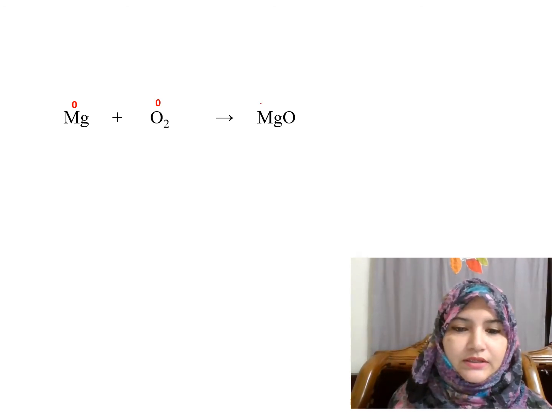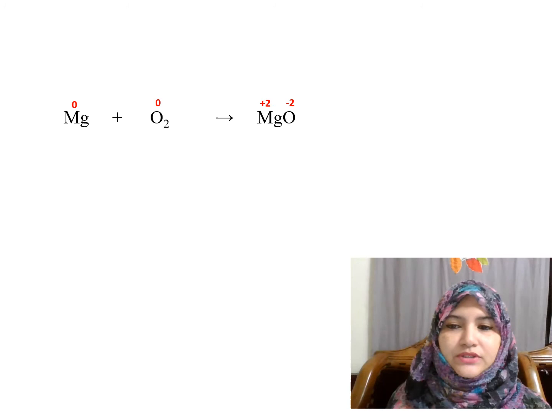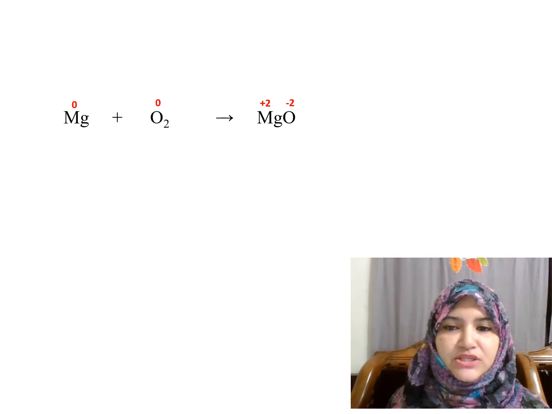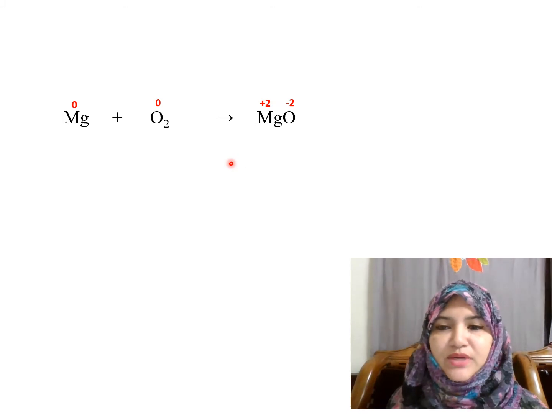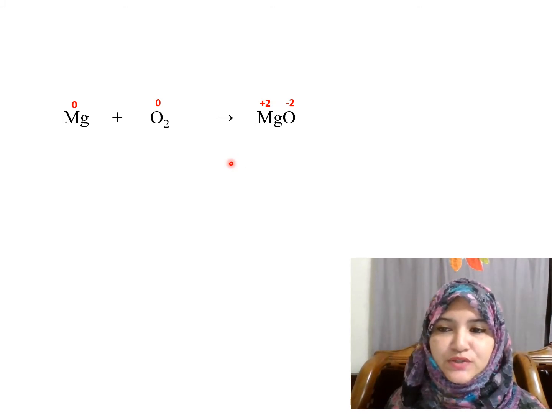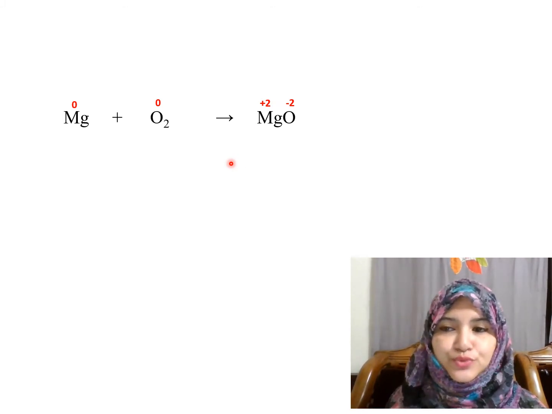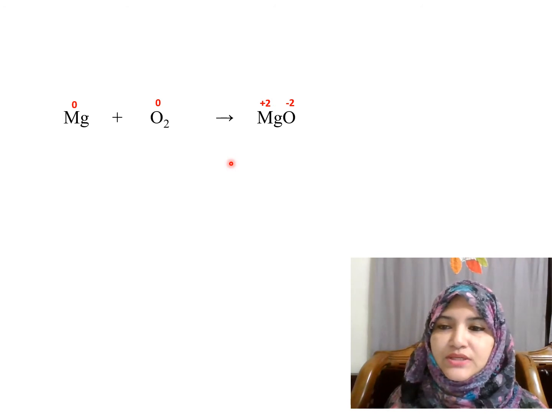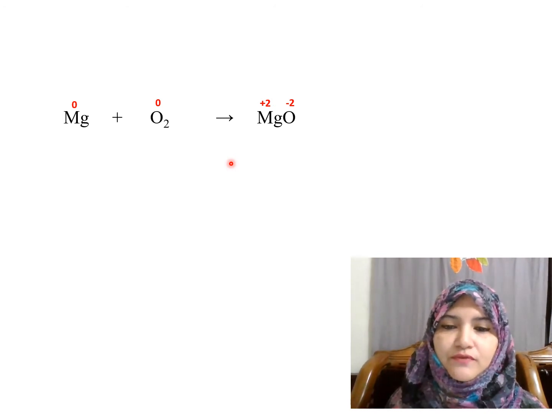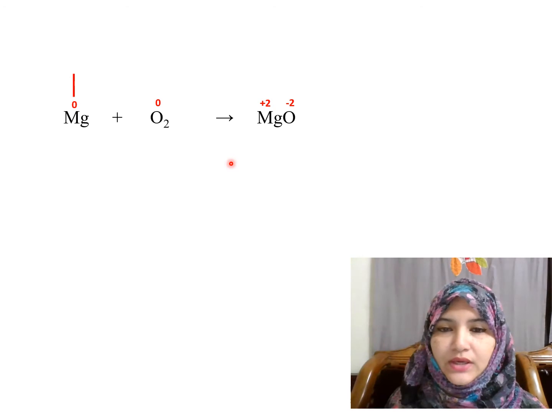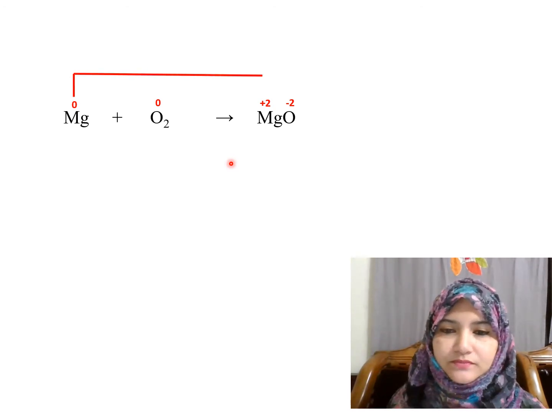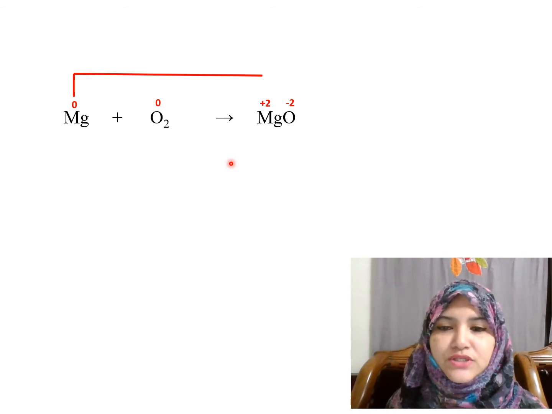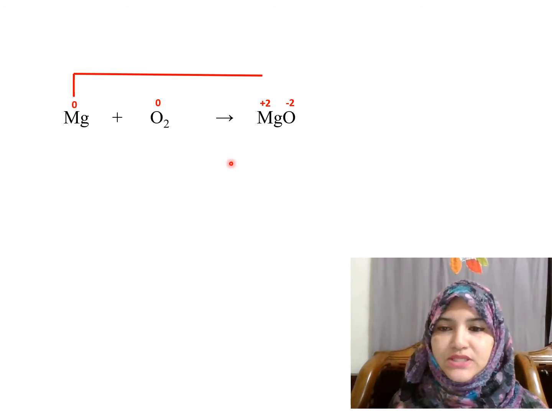In magnesium oxide, magnesium being an alkaline earth metal and a group 2 element has a charge of +2. And oxygen has a charge of -2. We know usually oxygen in any oxide has a -2 oxidation state.